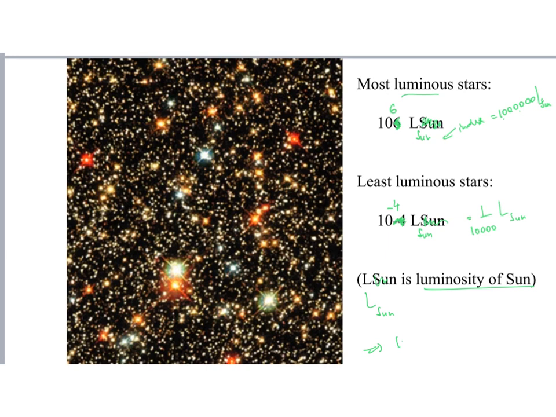So you get about 10 orders of magnitude in luminosity for all the stars out there, which is a pretty vast range of how luminous intrinsically the stars are.